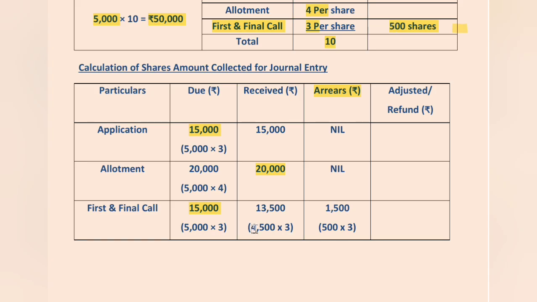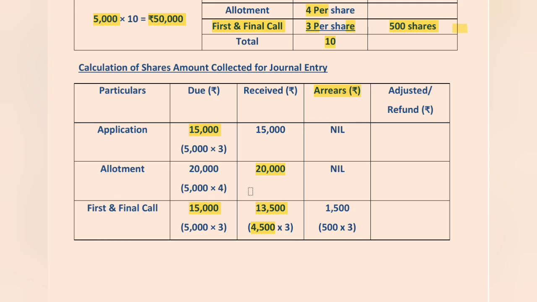Only 4,500 received. In 5,000 shares, 500 is not given, so that means 4,500 given. Per share is how much? 3 rupees. So 4,500 into 3. How much have they collected? They have collected 13,500.